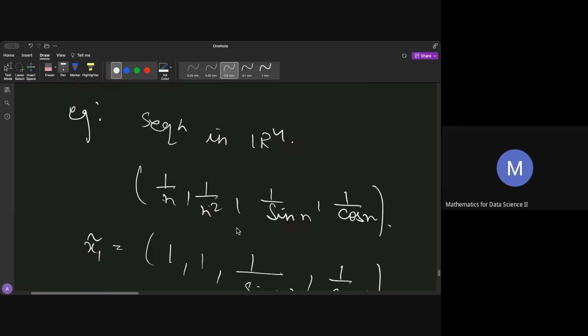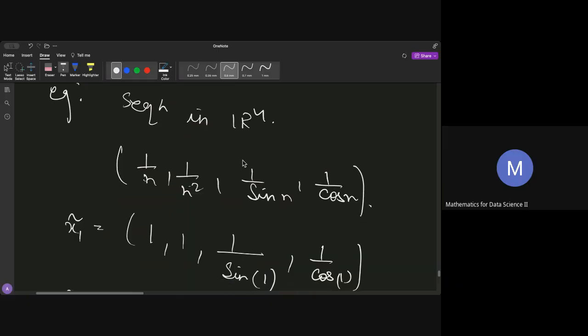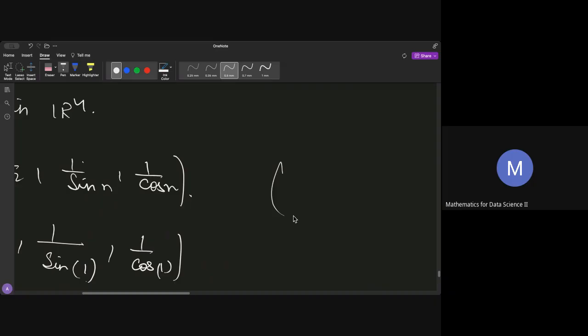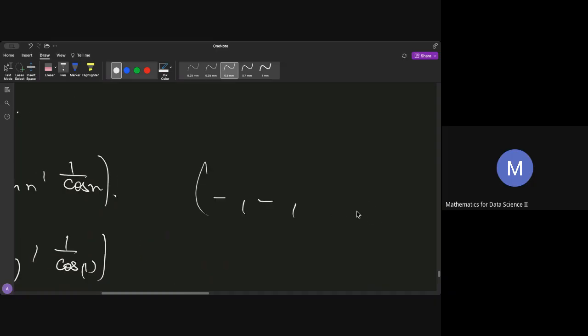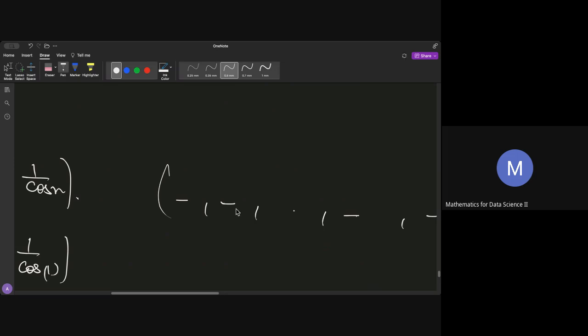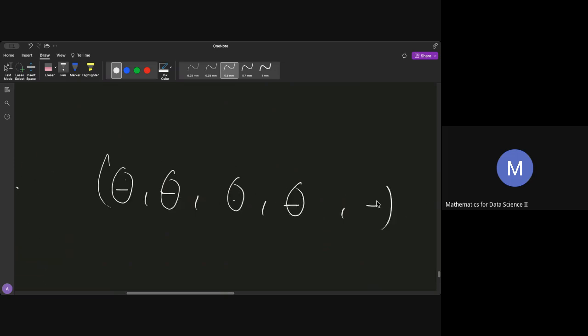So that means a sequence in Rn or R4 is basically a collection of sequences. This is one sequence, second sequence, third sequence, and fourth sequence. If it's a k-tuple, first tuple, second tuple, third, fourth, and let's say this is fifth: if it is five-tuples, then you should have a sequence here, a sequence here, and so on, five in total.